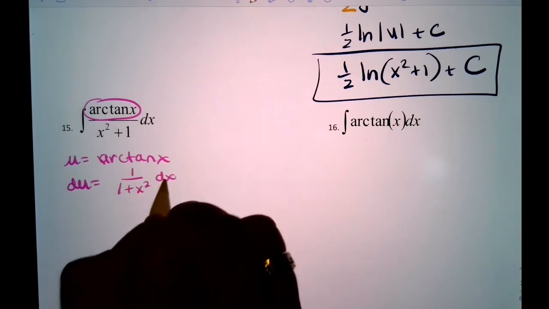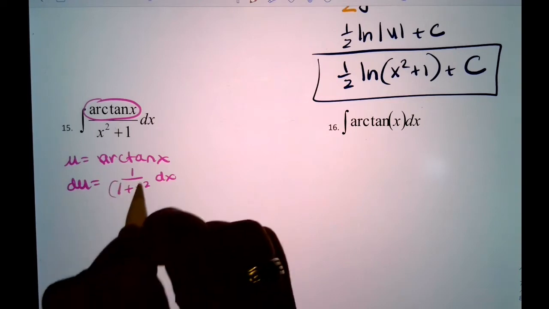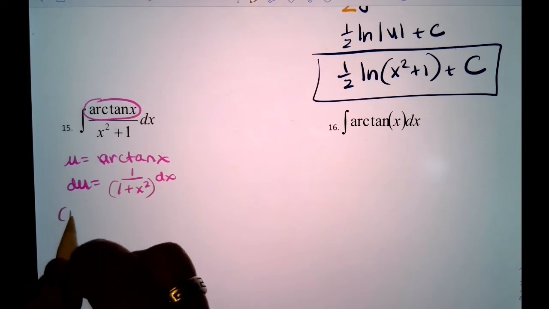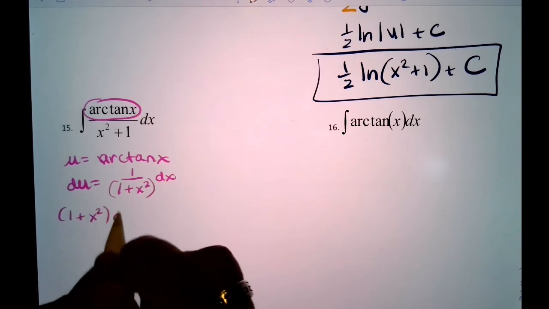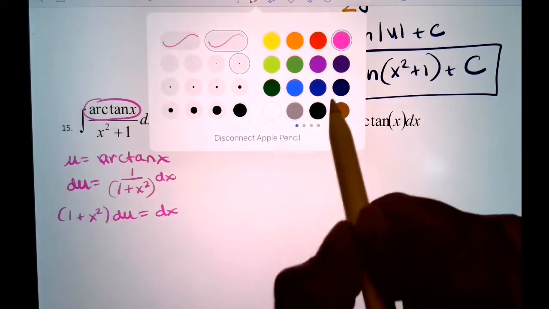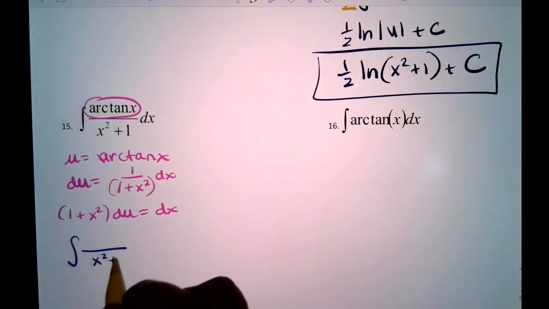There is my derivative of arctan, and I'm going to rewrite this to say dx equals, which would basically mean I'm moving that 1 plus x squared quantity over there to the left. So now I have my swap out for dx, right? My original problem was the integral of something over x squared plus 1.